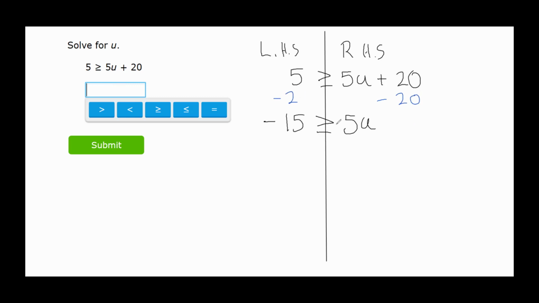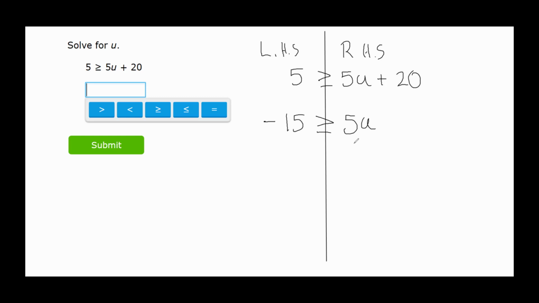So it's not necessary to show that step. I find that middle school teachers tend to want you to show it, but you can not show it, and if they ask about it, you can just explain what you did. As you get to more complicated equations, it'll be a great idea to save time and not show that step.